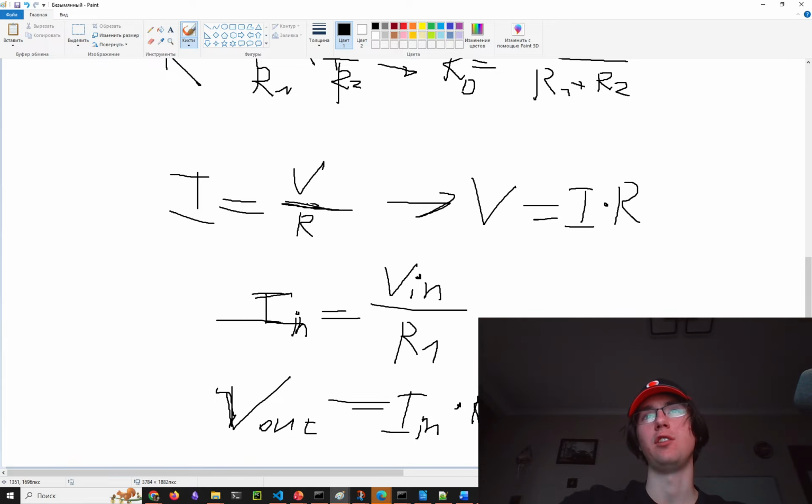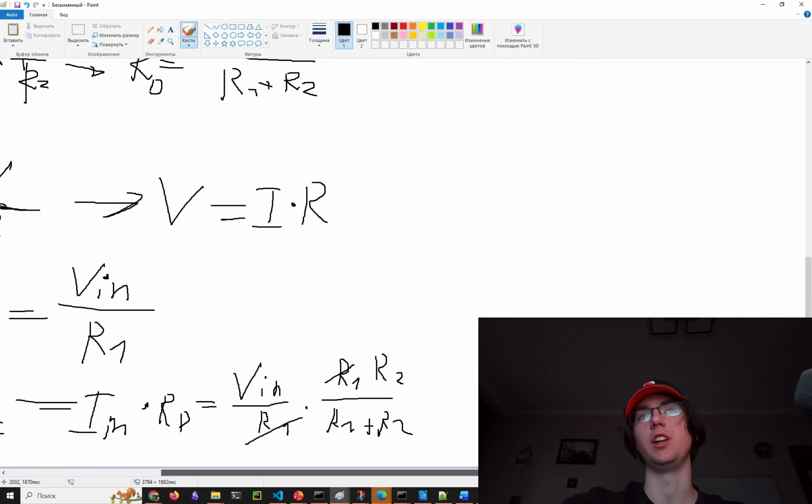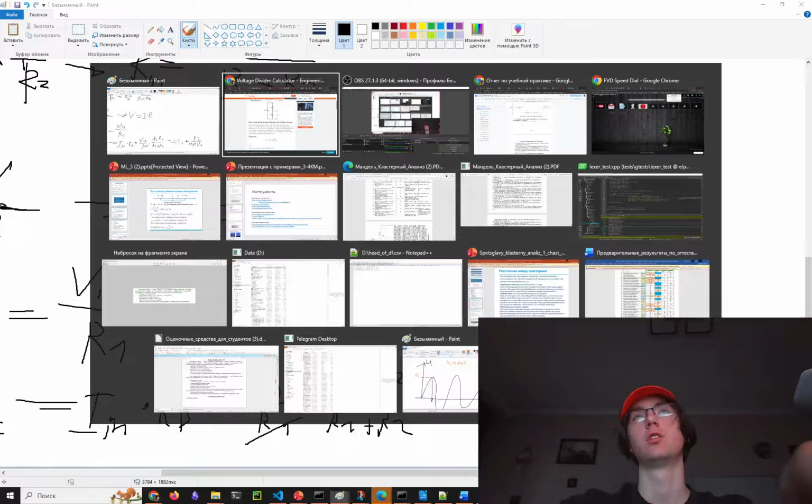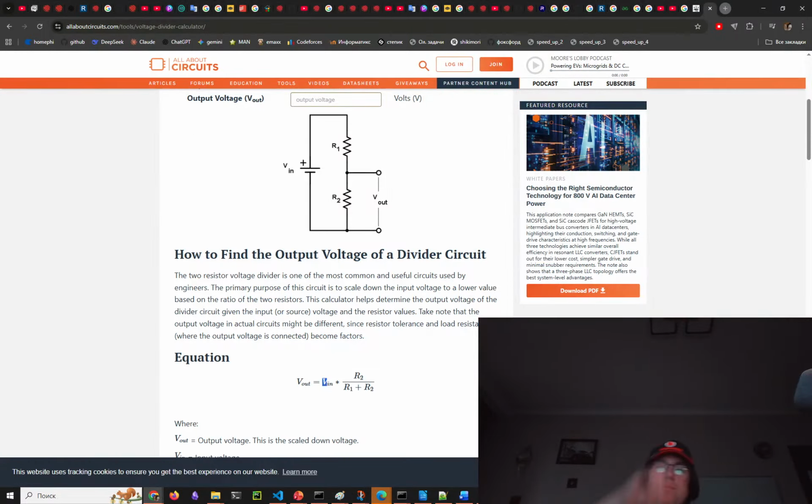We get V in divided by R1. Then we multiply it with R1 R2 divided by R1 plus R2. These guys cancel out. We get the V input multiplied by R2 divided by R1 plus R2. Boom.